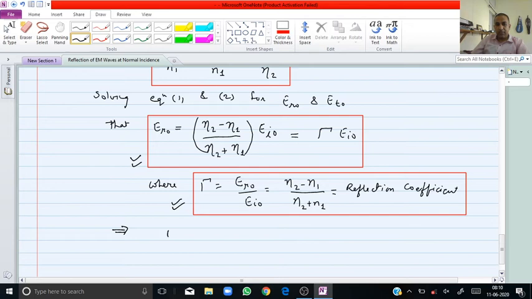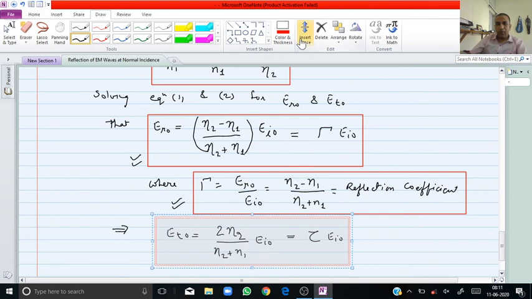Second term, that is E T naught is equal to 2 times eta 2 divided by eta 2 plus eta 1 times E I naught, and if we replace this by tau, tau E I naught, then we will get this relation.